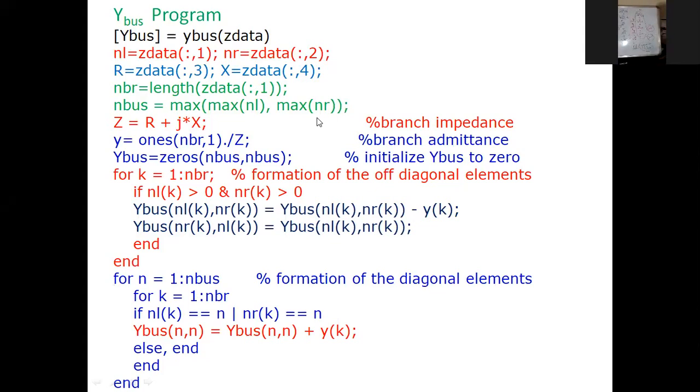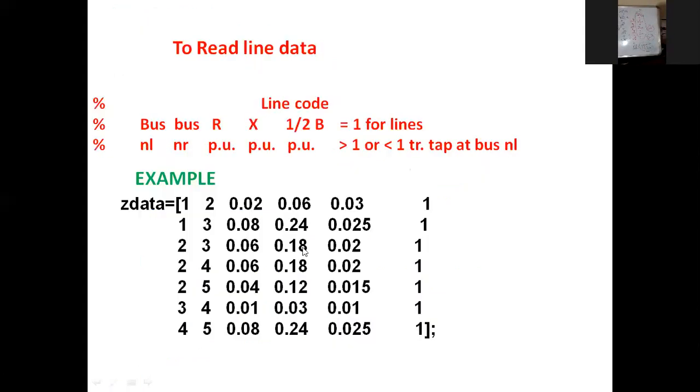See, in the program, how I read the data? In terms of Z, R plus JX, impedance form. Admittance, which is equal to 1 by Z, I am writing here at the bottom.